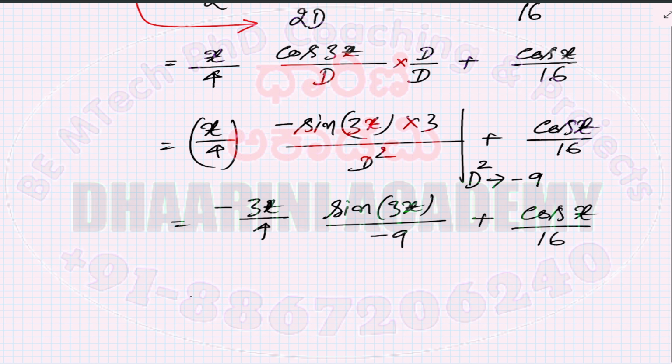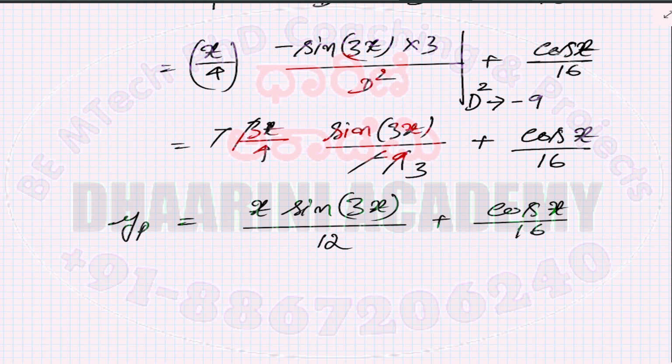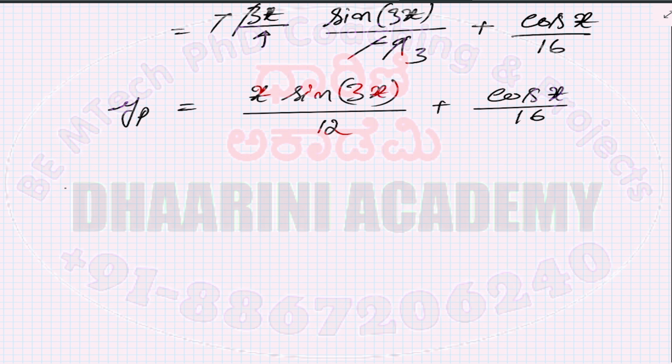Now let's simplify. 3 cancels with this 3, minus minus cancels. So this term becomes x into sine of 3x divided by 4 into 3, that is 12, plus cos x by 16. So this is the yp. We got a yp now. Therefore, y is equal to the final answer yc plus yp.